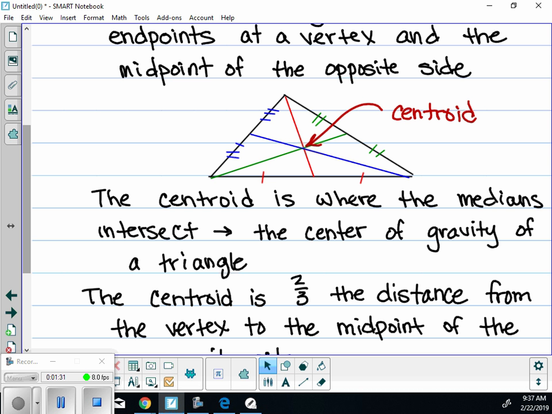So this segment right here, from the vertex to this point, the centroid, is twice as long as from the centroid to the side. This is exactly twice as long as this. This, from the vertex to the centroid, is twice as long as from the centroid to the side in all three of those medians.